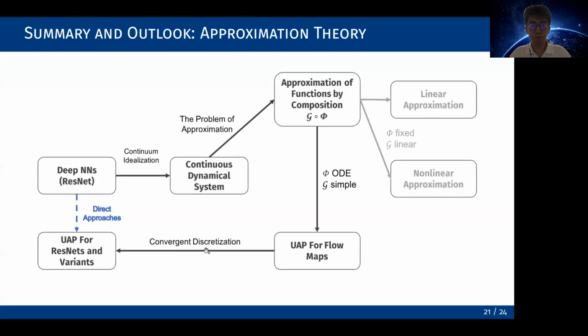And so from here we have deduced some sufficient conditions for UAP, the universal approximation property, of flow maps, and we can then link back to the original setting of discrete residual networks by any convergent discretization. Okay, so the advantage is that we obtain much more general results this way. Of course, you can do direct approaches, and this is most of the existing results in neural network approximation. But in this way, you gain some additional insight and additional flexibility, which I think is important to highlight.